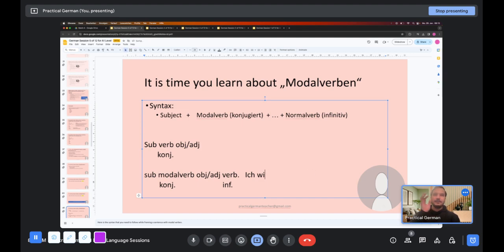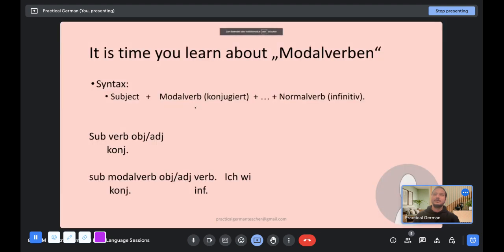Now, once you understand this, just use the logic from previous sessions. If I have to transform this sentence into a yes or no question, what do I have to do? Remember, the modal verb comes first: modal verb, subject, and everything else remains the same. What about a W question? Use the same logic.